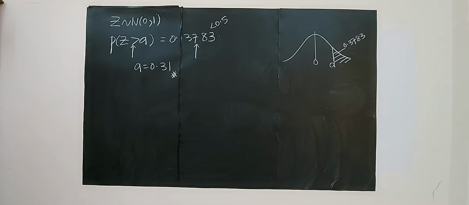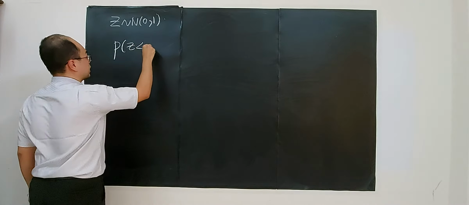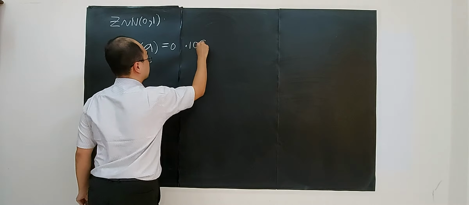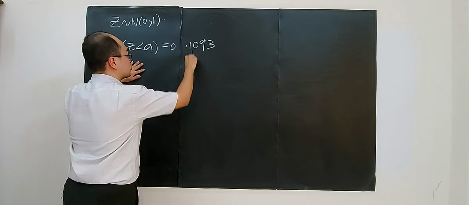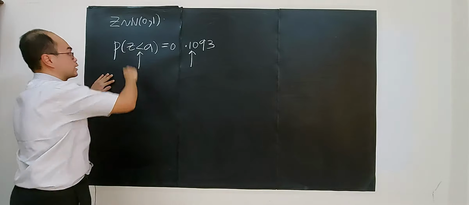Alright, let's look at more cases. Let's continue with another case. What if P(Z less than A) is given as 0.1093? I always ask students to look at the value and look at the sign, right?